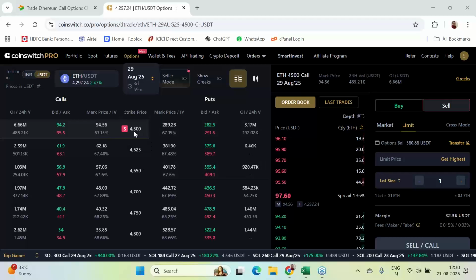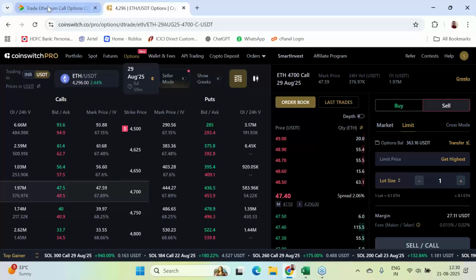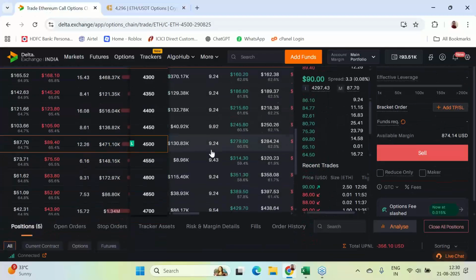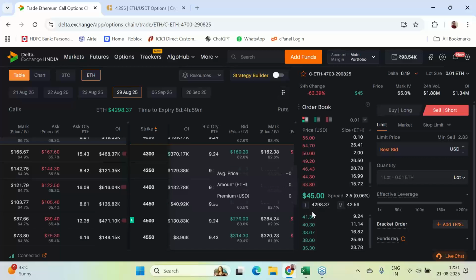Suppose instead of 4,500, I go for 4,700, this call is offered at 48. If I go to 4,700 here, 43 here, so 43, 48, this also maintains $5. This is also good, because my aim is to get $4 to $5 minimum.